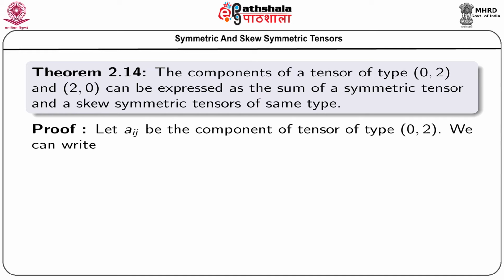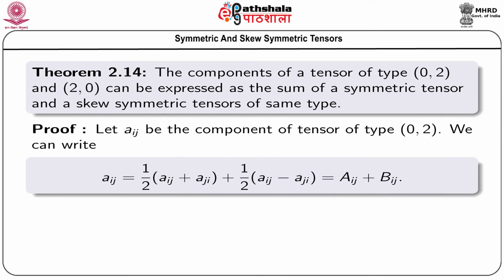We can write Aij as half of Aij plus Aji plus half of Aij minus Aji, and we denote half of Aij plus Aji as capital Aij and half of Aij minus Aji as Bij.